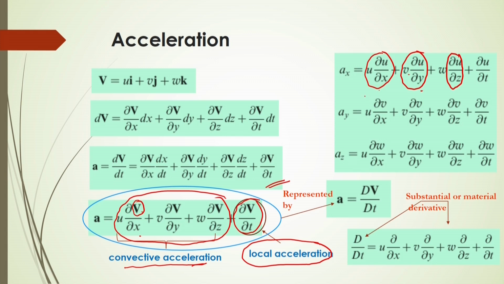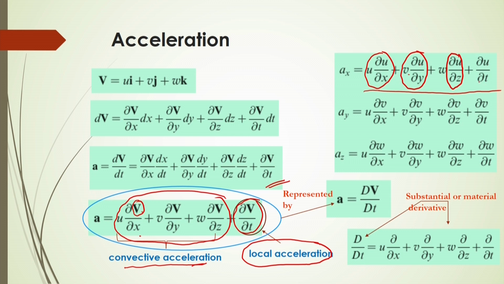So a x will be a function of these. Now, if we consider only the x direction, with no variation of u in the y direction, then dou u dou y will be 0, and in the z direction, if it is not effective, then dou u by dou z will be equal to 0. In that case, in the x direction, a x will be equal to u into dou u dou x plus dou u by dou t.